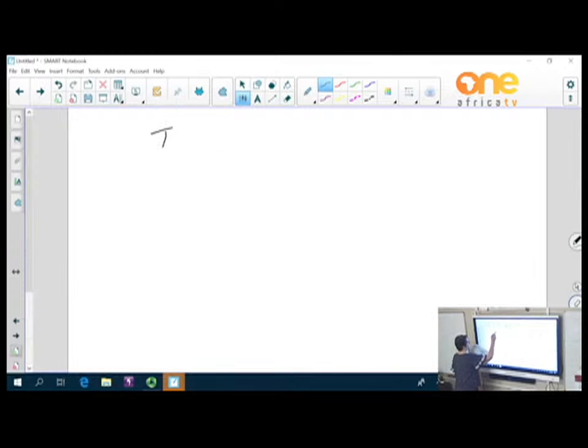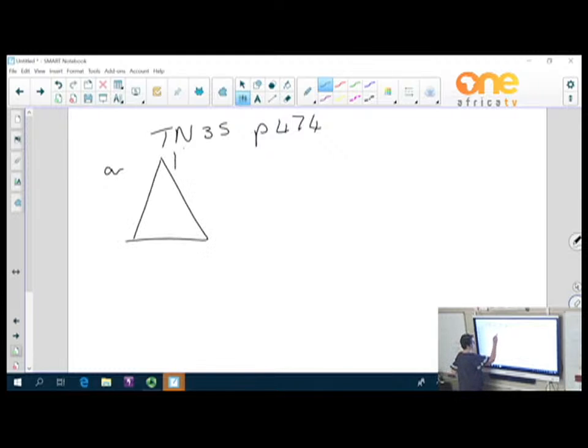So we're looking now at Try Now 35, page 474. Again, we'll have to draw them. So there's the first one, triangle KES. The values that we have are KE is 12, ES is 7, and KS is 8.